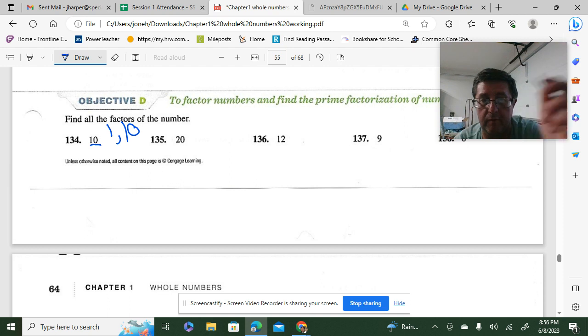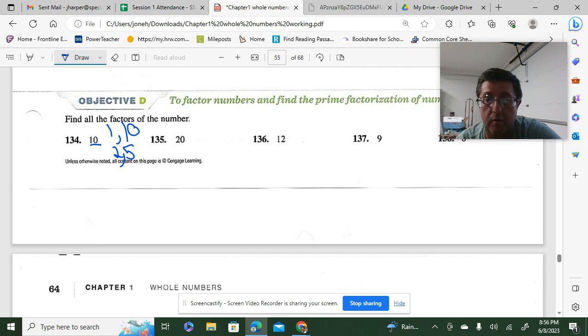So that's a factor that every number is going to have, 1 and itself. Now, you go above that. Let's go 2 and 5. Now, you can't do 3. 3 doesn't go into 10. 4 doesn't go into 10. And 5 goes into 10, but 5 is already there. None of the other numbers will work. So you have 4 factors.